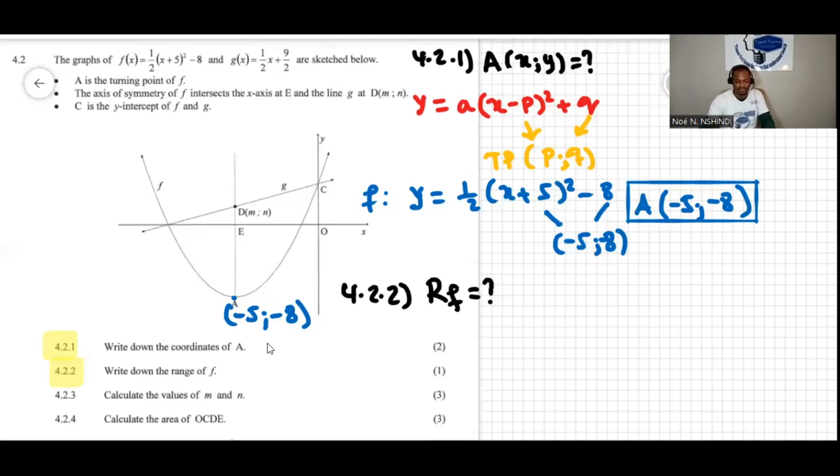So we'll say the range will be y is greater than or equal to -8. It cannot be below -8.